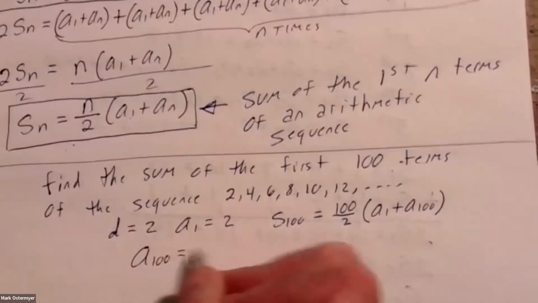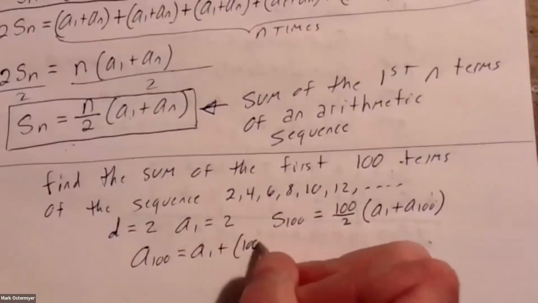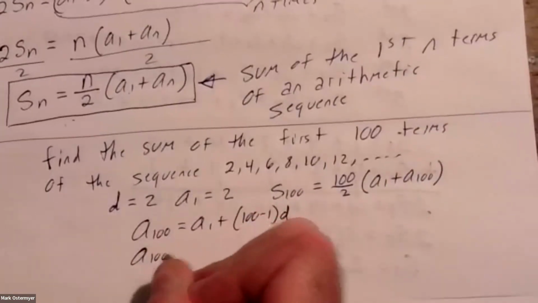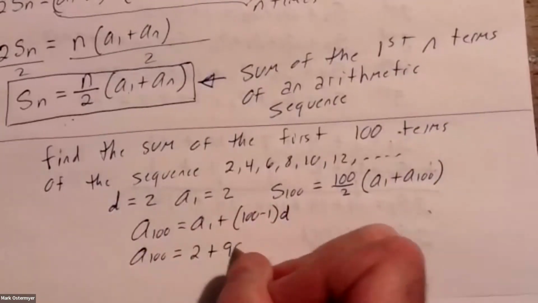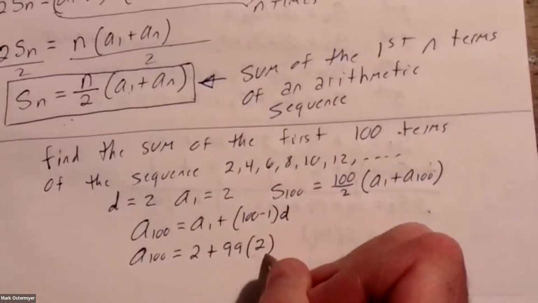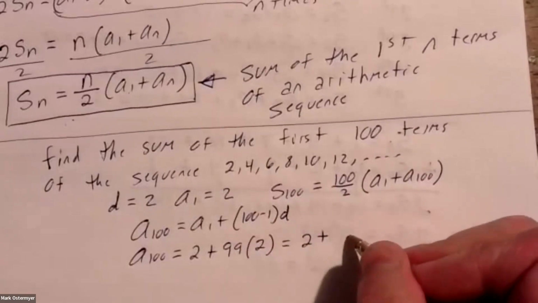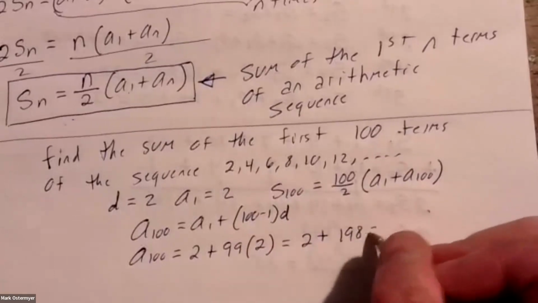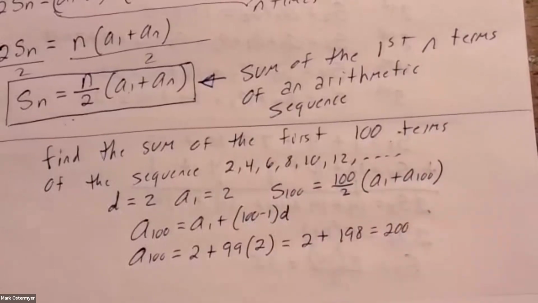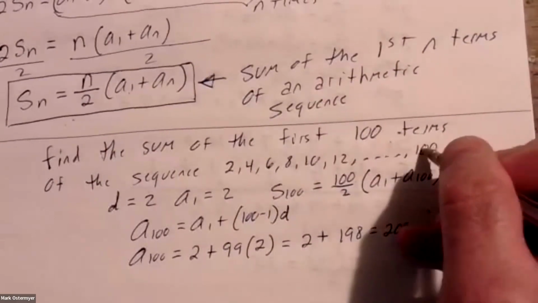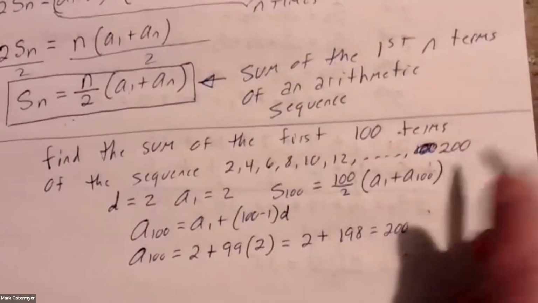Our 100th term is the first term plus 100 minus 1 times your common difference, which means it's 2 plus 99 times 2, which is 2 plus 198. So 200 is our 100th term of this arithmetic sequence.